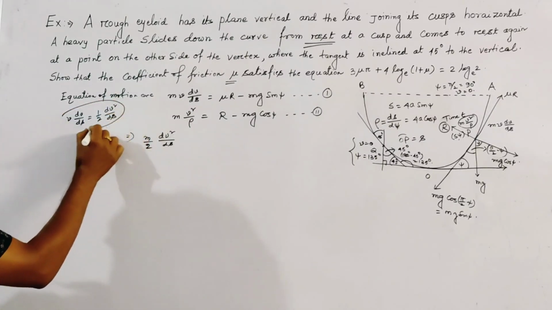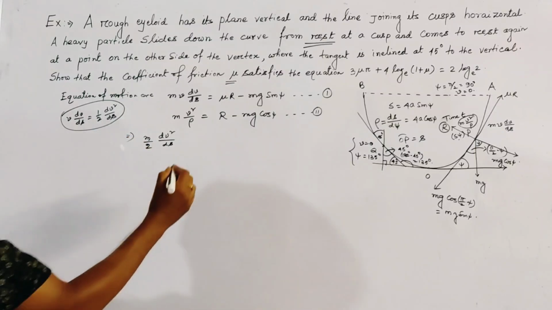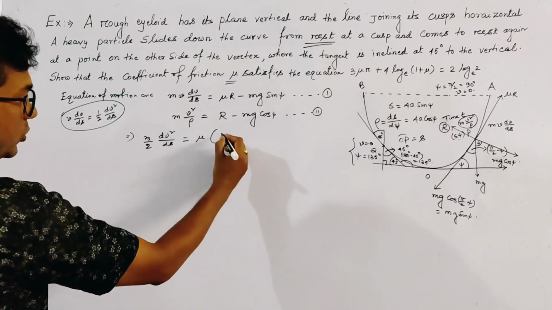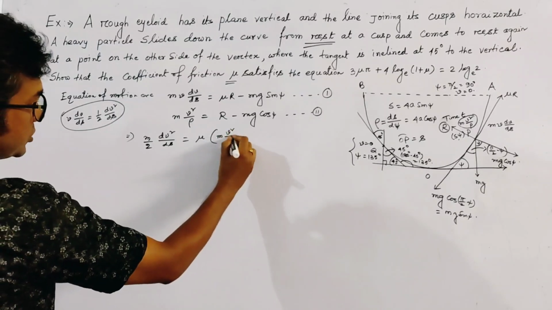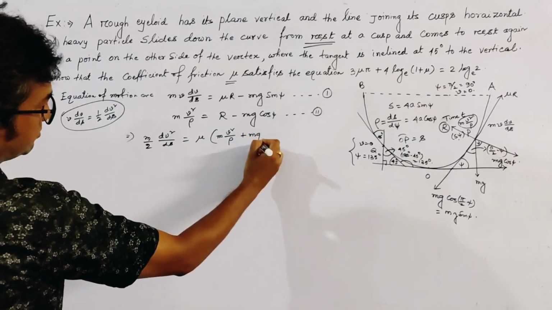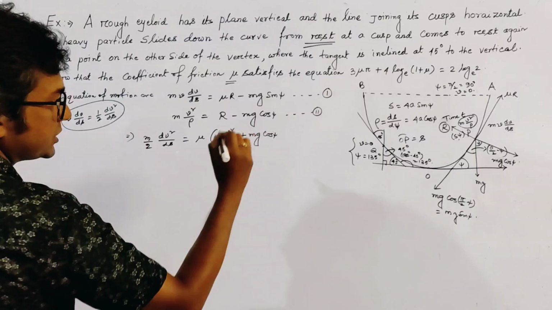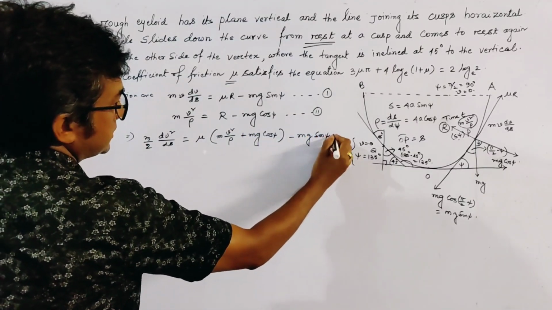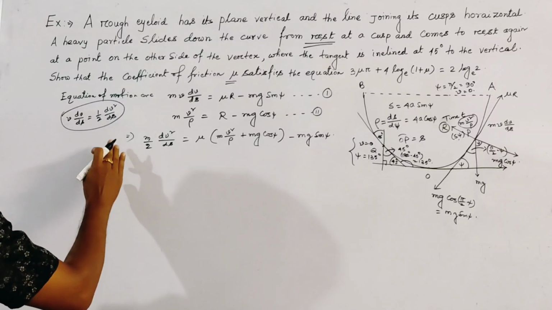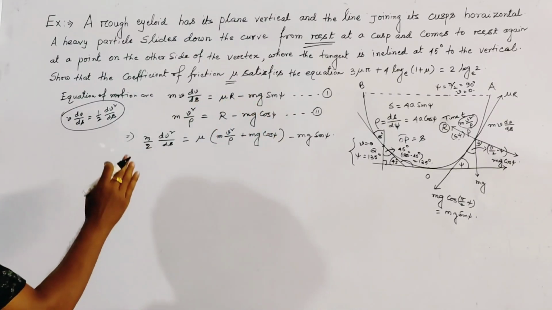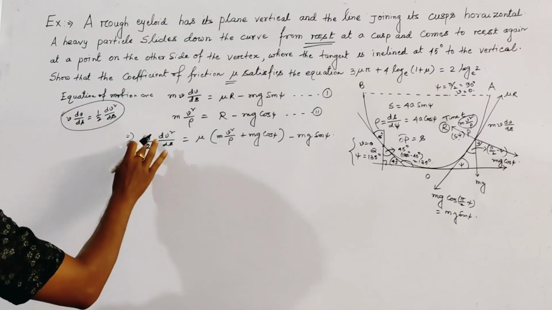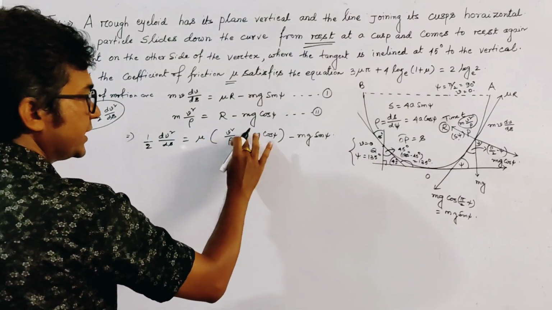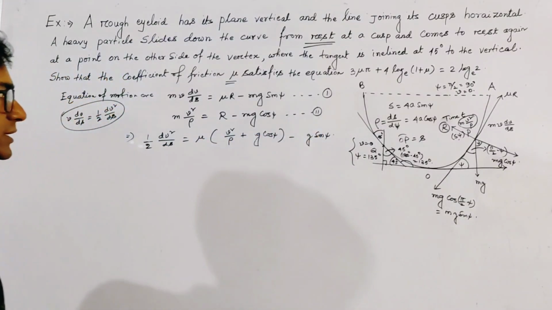We directly write this, and the right side is mu into the value of R from 2, we get m v square by rho plus mg cos psi minus mg sin psi, and we cancel out m from both sides.